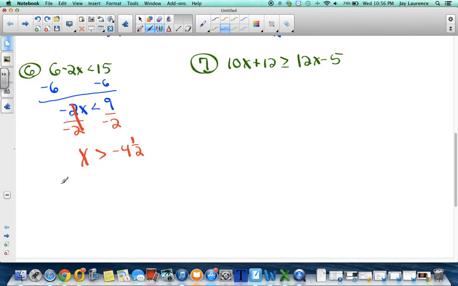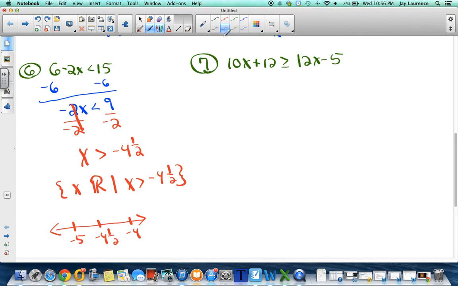There's my sentence. My solution set now is x is any real number such that x is greater than negative 4.5. And then the number line, I'm going to need a negative 5, a negative 4, a negative 4.5.